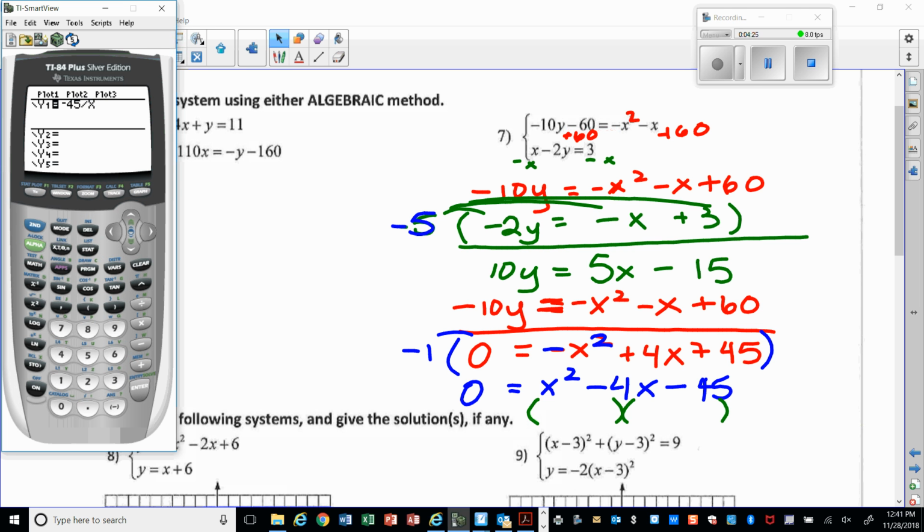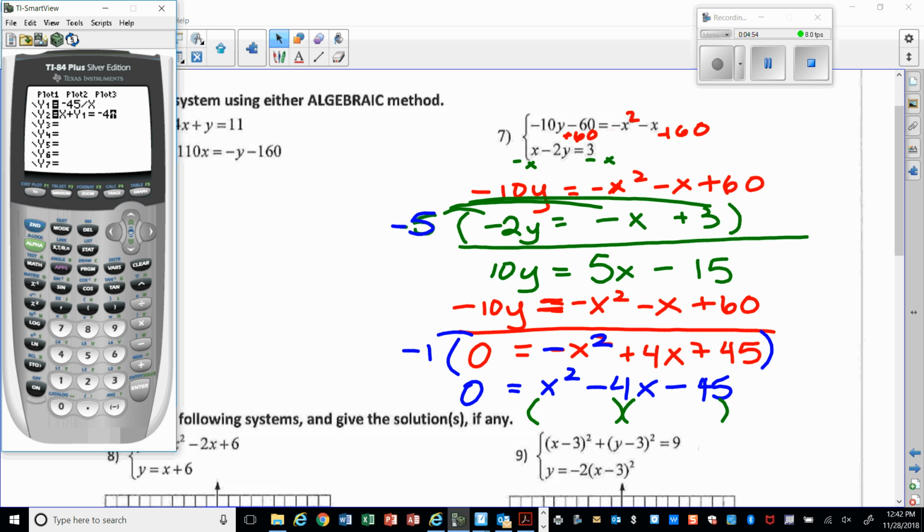And that gives me all the factors of negative 45. And then I want them to add up to be the middle term, which is negative 4. So I'm going to do x plus y1, the factors that I found. So alpha, trace, enter. I want the factors to add up to be a negative 4. So I'm going to go second, math, enter. So I want them to equal a negative 4.